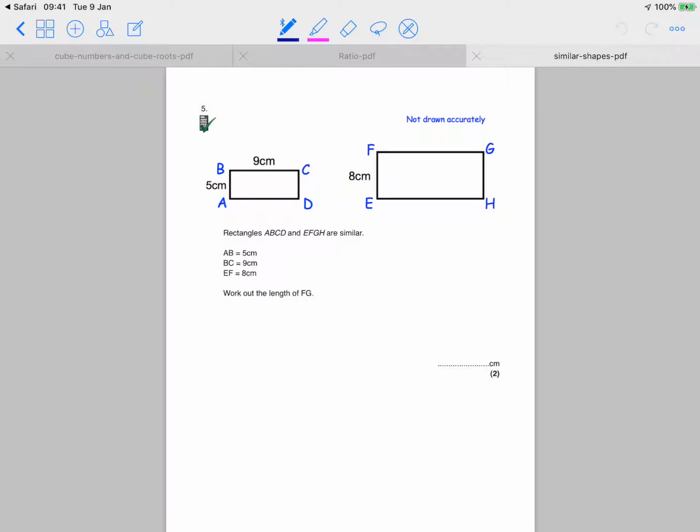Okay, so matching sides, 5 to 8. They correspond, they're where I work out my ratio. 5 to 8 is not going to give me a very nice number.